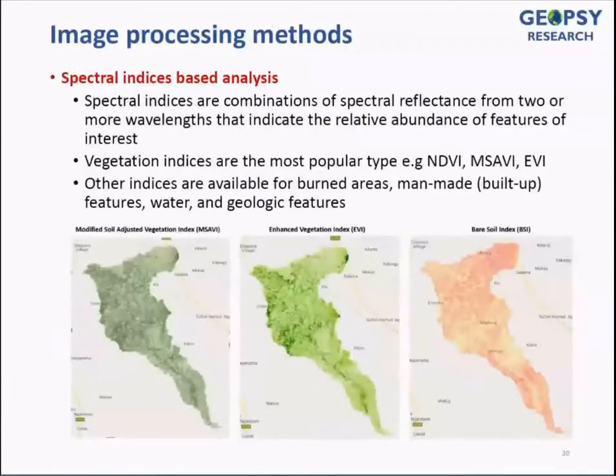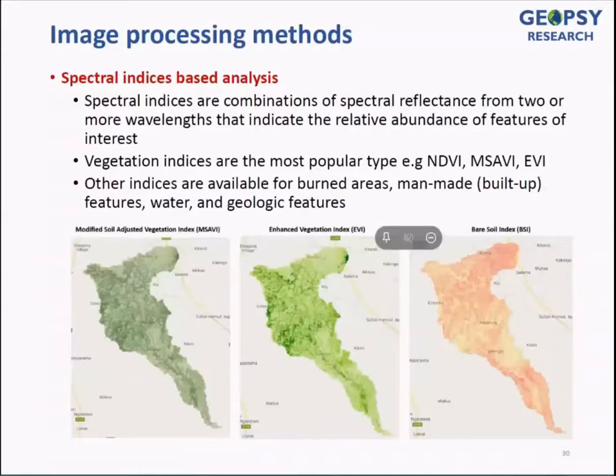Another type of analysis are called spectral indices-based analysis, in the sense that from the original image, I have various bands, and sometimes I can combine a few bands to give me an index that has more information.